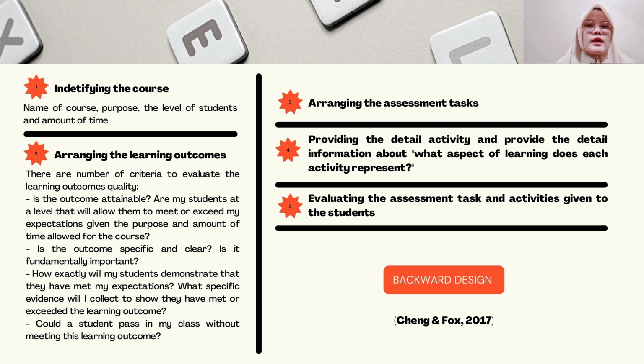And then the next one: is the outcome specific and clear? Is it fundamentally important? And how exactly will my students demonstrate that they have met my expectations? What specific evidence will I collect to show that they have met or exceeded the learning outcome?